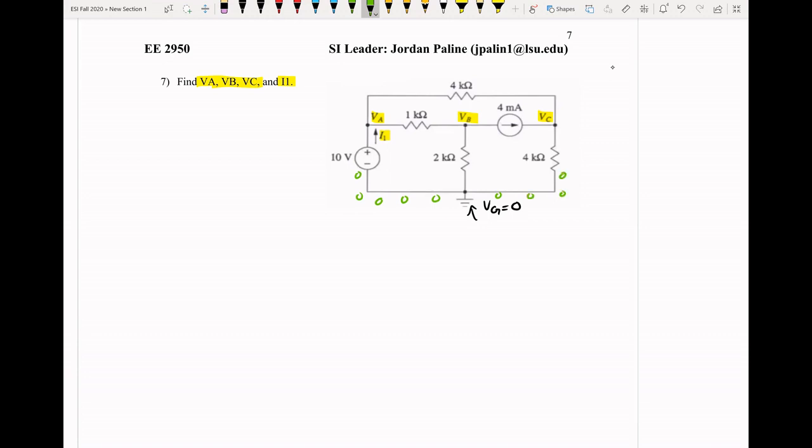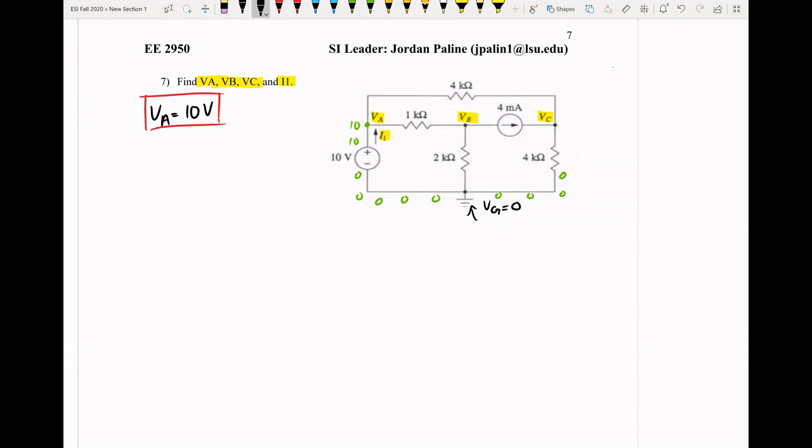Then we go through this 10-volt battery and we pick up 10 volts. And here we are at this node with 10 volts. So off the bat, we know that V of A is equal to 10 volts.